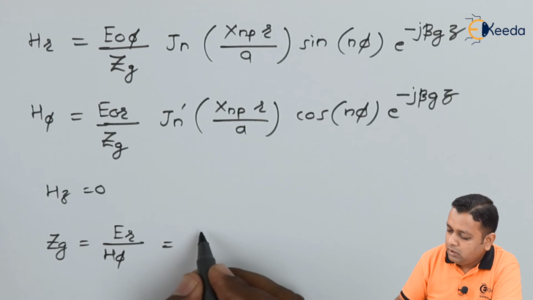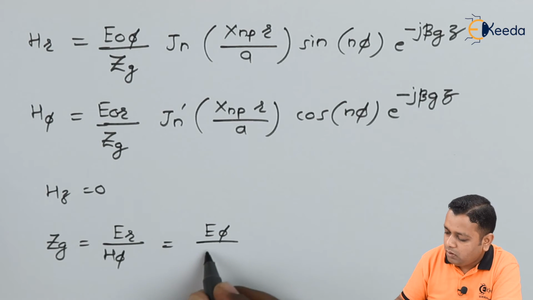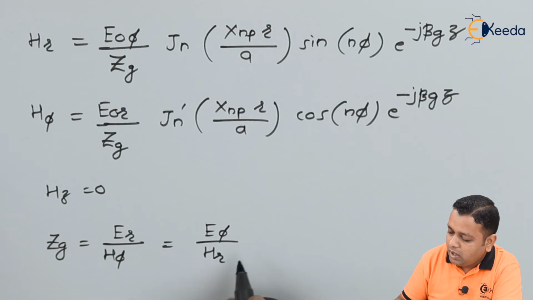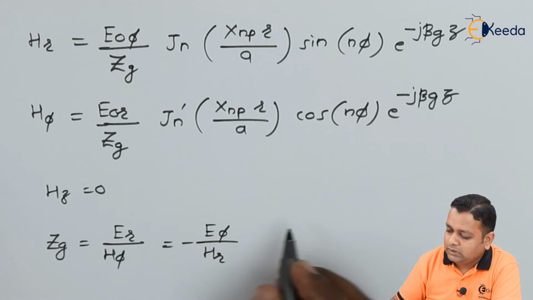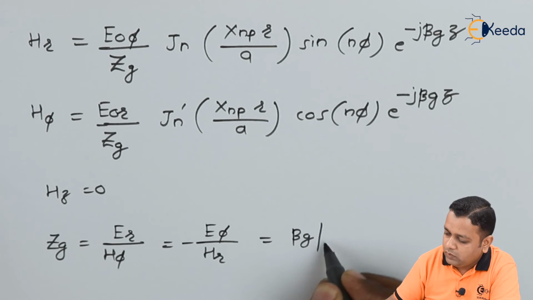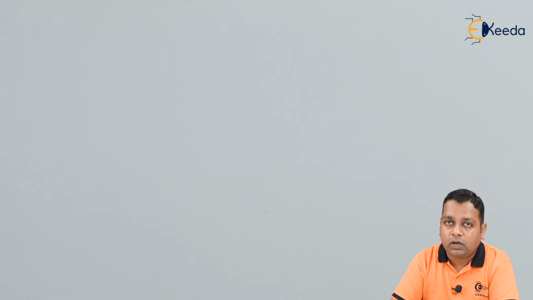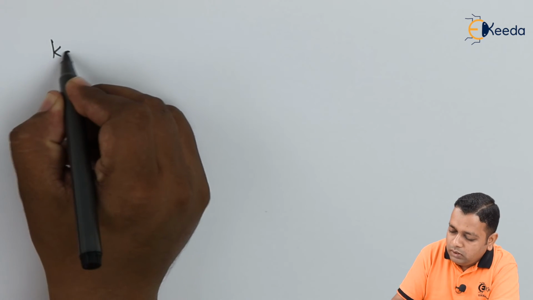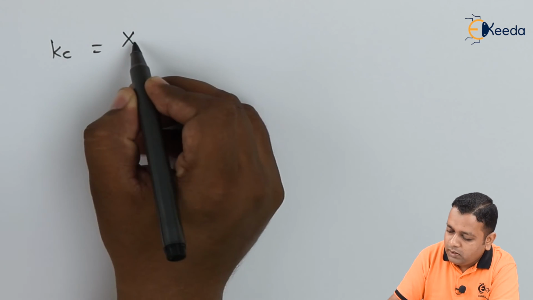If you reverse the order, first taking the E phi component and then the Hr component, a negation is to be opted, and this is in place of beta g divided by omega epsilon.